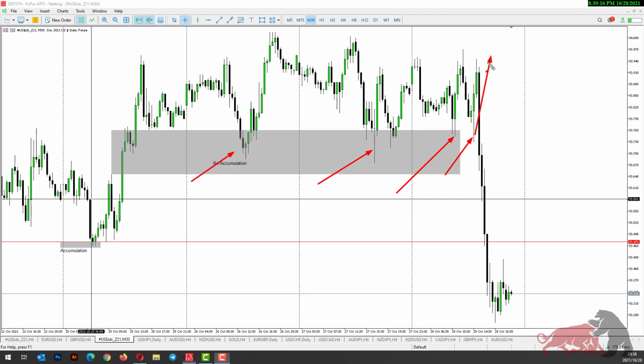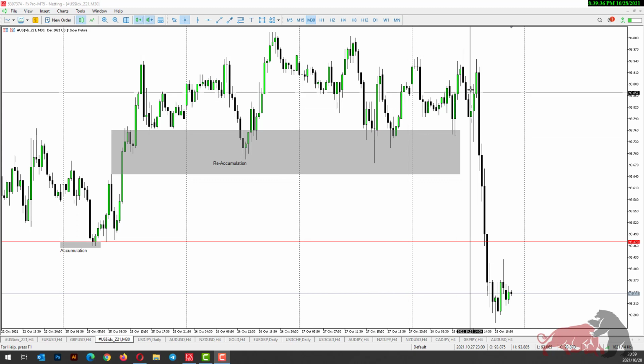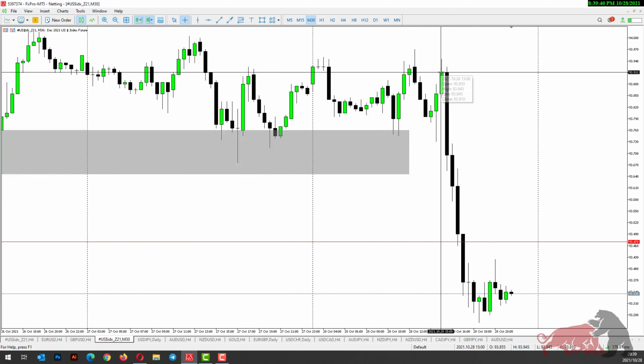Remember, 20 pips a day is enough. Most of you guys have got small equity and you're in the process of growing that equity. So 20 pips a day is fair and fine. Don't be greedy.